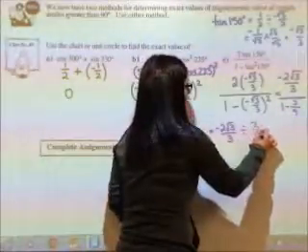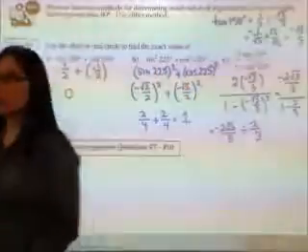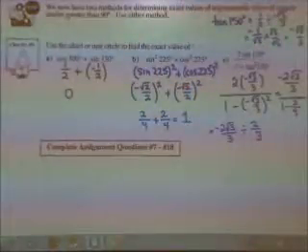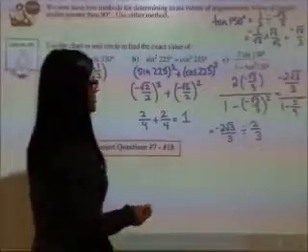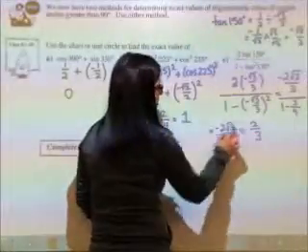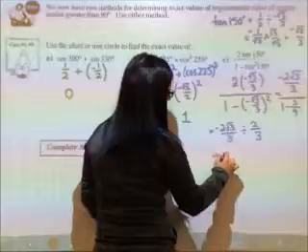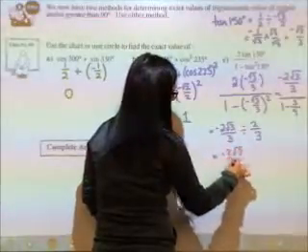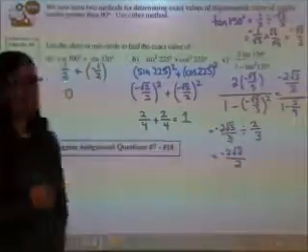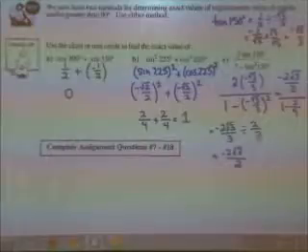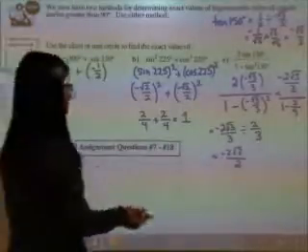2/3. So now I have negative 2 root 3 over 3 divided by 2/3. The 3's are the same, so I can divide my numerators. And what do I notice about my 2's? They can cancel each other out.